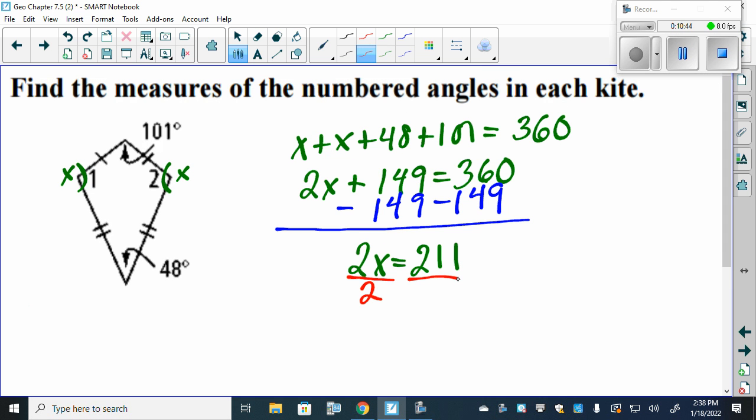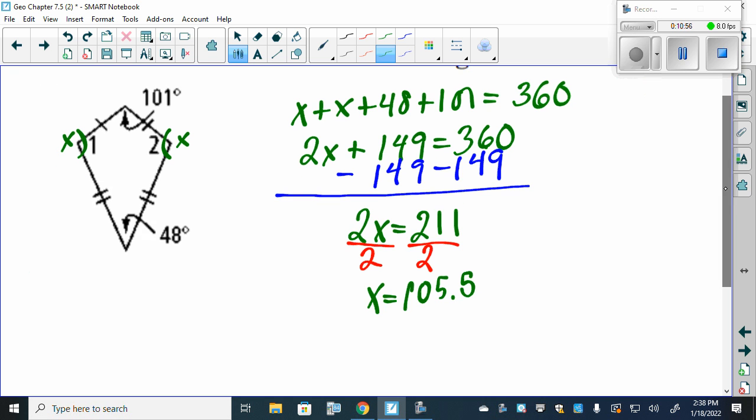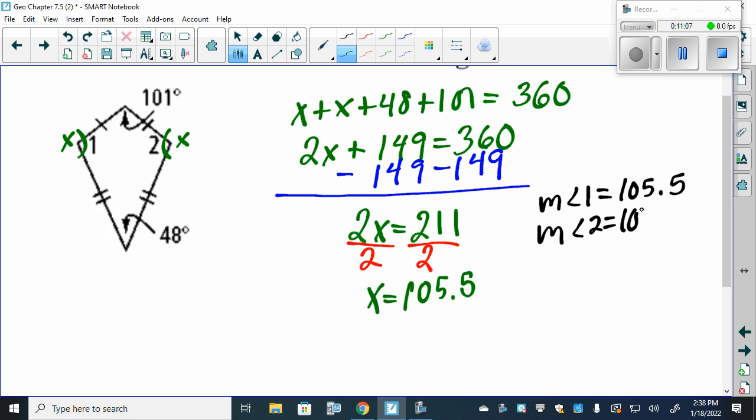Divide both sides by 2, and it tells us that x is equal to 105.5. Which tells us that the measure of angle 1 and angle 2 is going to be 105.5.